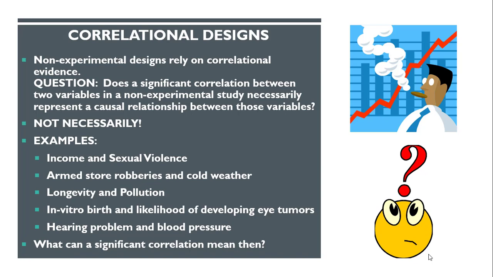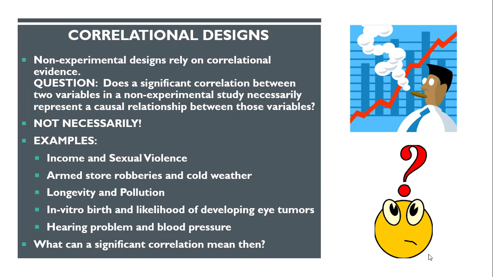Okay, however, the question comes to mind: if you found a statistically significant correlation between two variables in a non-experimental or quasi-experimental design, does that necessarily mean that there is a causal relationship? Remember, we said no, not necessarily. If we find a relationship between income and sexual violence, does that mean level of income causes a certain level of sexual violence? Not necessarily.